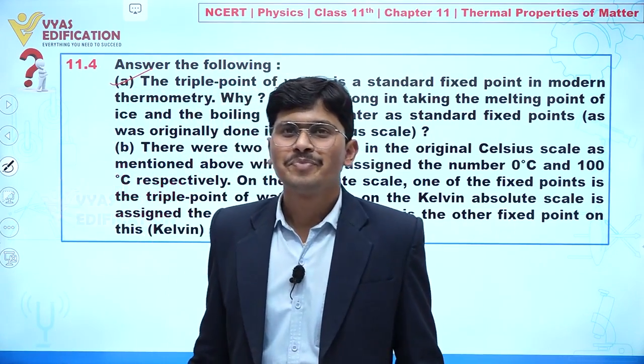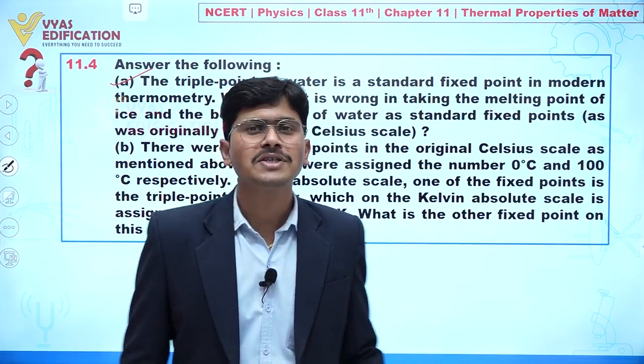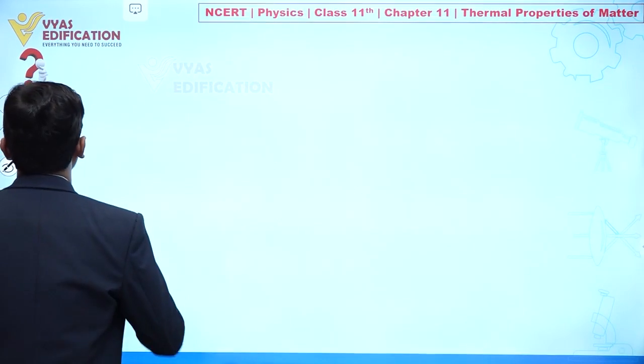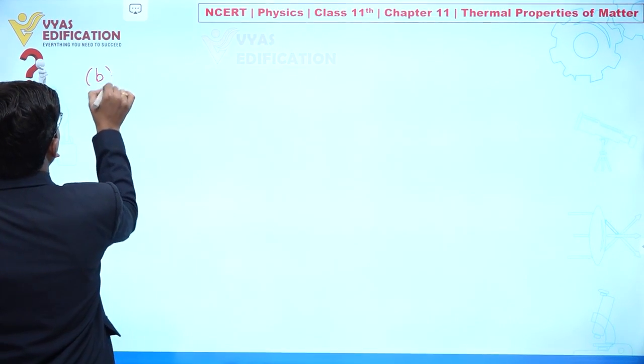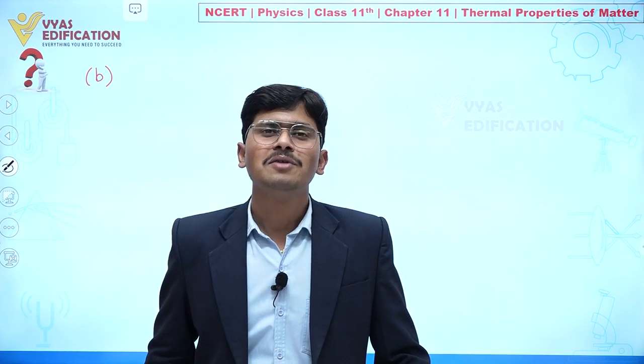Now listen carefully. How is this Kelvin scale determined? First let us try to understand that. If we talk about Charles' law, the volume of a gas is directly proportional to temperature.